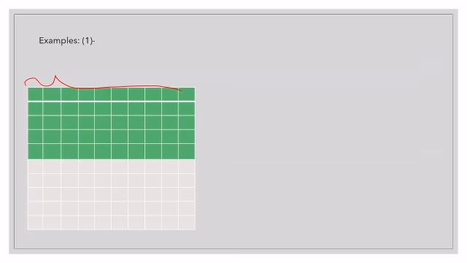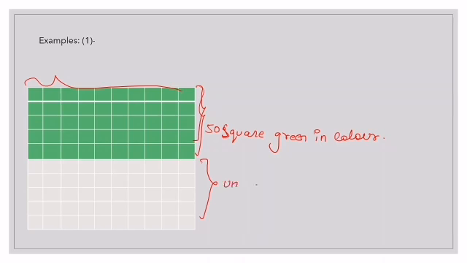Out of these 100 squares, there are 50 squares which are green in color, and the rest 50 are unshaded, or you can say uncolored.